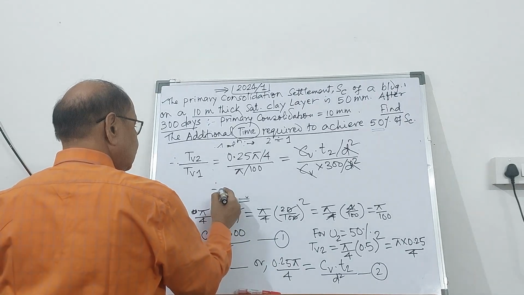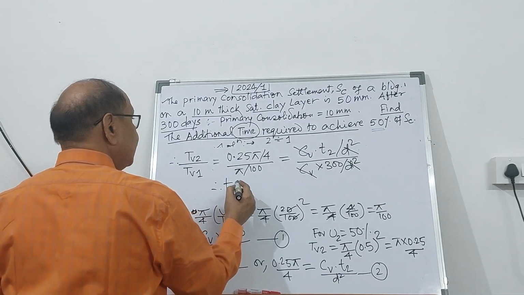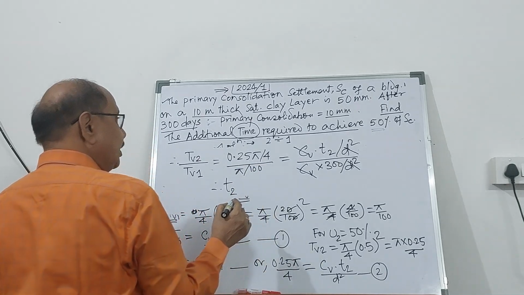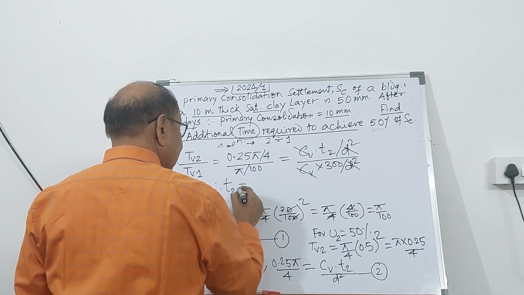Therefore, you can find out T2, that is the time required to achieve 50% of SC.